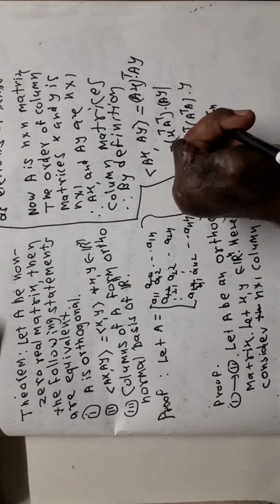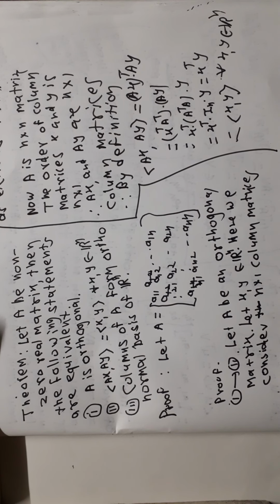Ax and Ay are n by 1 column matrices. By definition, angle bracket Ax comma Ay is equal to x transpose A transpose Ay, which is equal to angle bracket x comma y for all x, y. This is the proof of 1 implies 2.